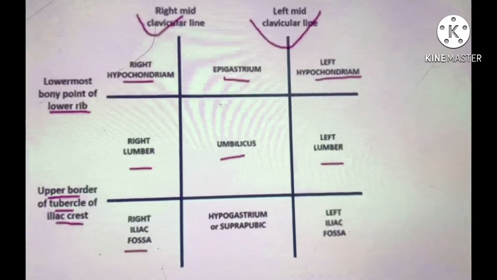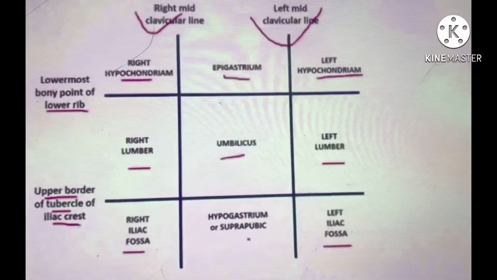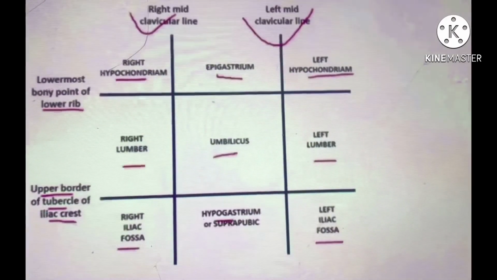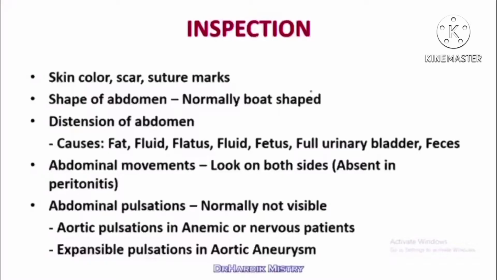And the right iliac fossa, left iliac fossa. In between these 2 iliac fossa is the hypogastrium or the suprapubic. The right hypochondrium, epigastrium and left hypochondrium, right lumbar, umbilicus and left lumbar. And this is the right iliac fossa, hypogastrium or suprapubic, and the left iliac fossa.